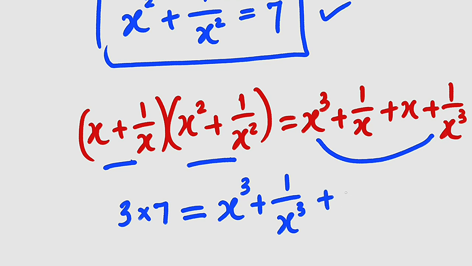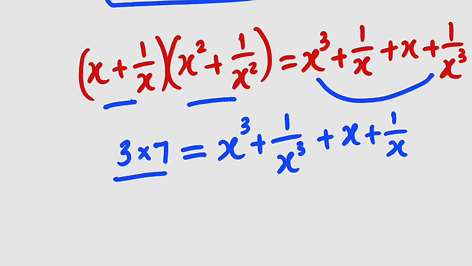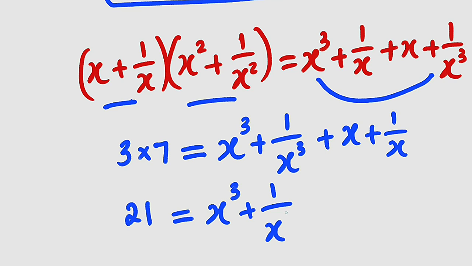Then we have the other 2 terms, x plus 1 divided by x. To the left hand side we have 3 times 7, which is 21, equal to x to the third power plus 1 divided by x to the third power, then plus x plus 1 divided by x, which is 3, right? So we have plus 3.